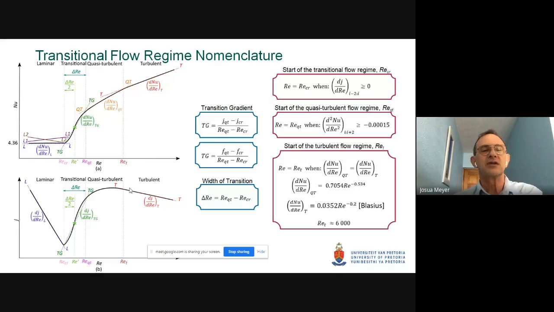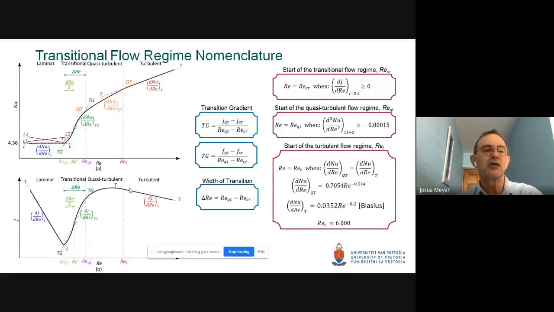Okay. So this is typically some of the nomenclature that we've developed. I'm not going to spend a lot of time on it, but here we can see typically how the Nusselt number changes as a function of Reynolds number in the laminar flow regime, the transitional, and the turbulent flow regime. And next slide, please.